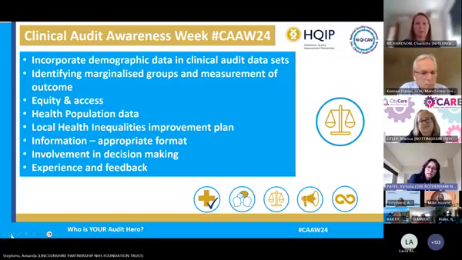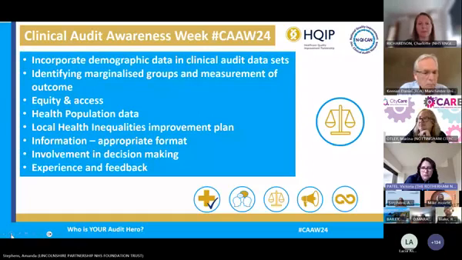So we touched on that yesterday a lot in terms of PPI involvement, but when we're looking at trying to address some of these health inequities, we may feel that we're making the right improvements and making that difference, but we've got to capture that experience and feedback, particularly from our marginalised groups, which are often the harder to reach groups as well. How have their experiences been, and what more can we do to improve?